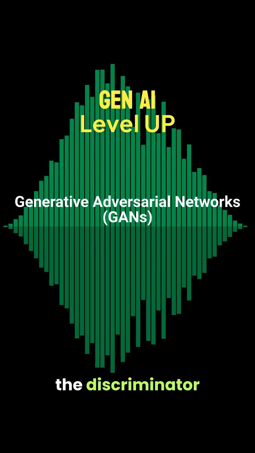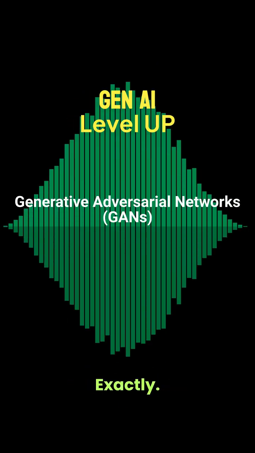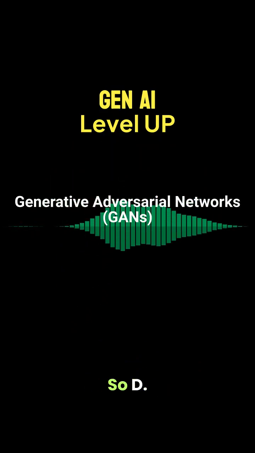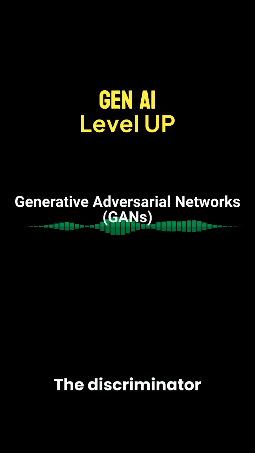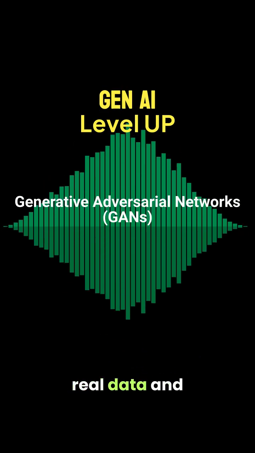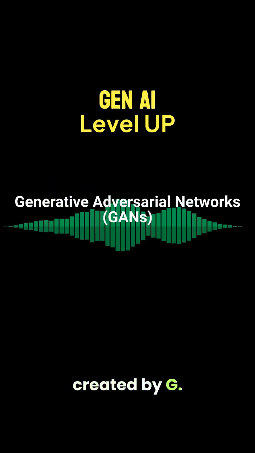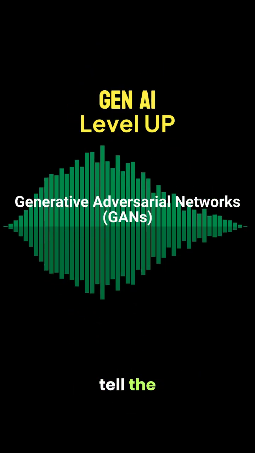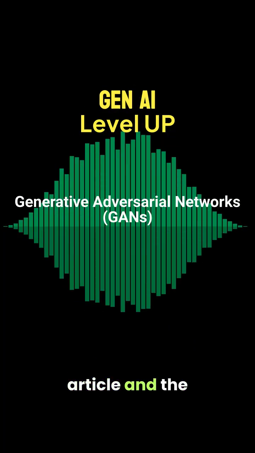And then the discriminator is like the skeptic. Exactly. Like, hold on, is this real or is this just a clever imitation? Precisely. So D, the discriminator, carefully analyzes both the real data and the fakes created by G, and its goal is to become a master detective, to be able to tell the difference between the genuine article and the counterfeit.